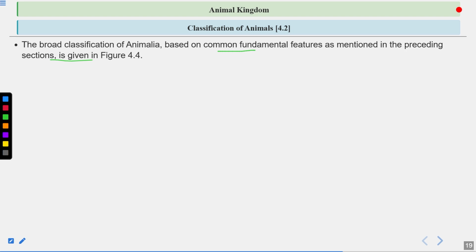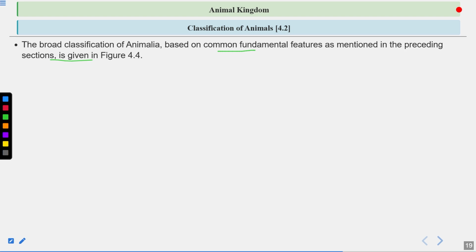Notochord is a rod-like structure related to the nervous system, and this is either present in the embryonic stage or in the adulthood stage. But from the phylum Porifera to the echinoderms, you will not find any notochord. No notochord is present, and that is why they are called non-chordates.